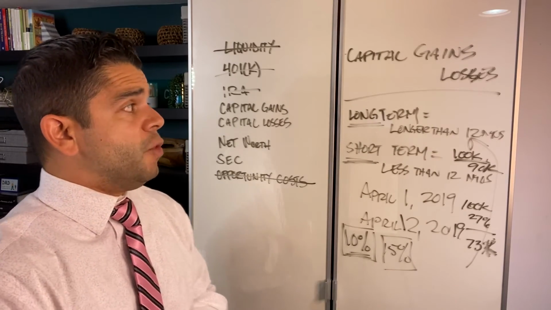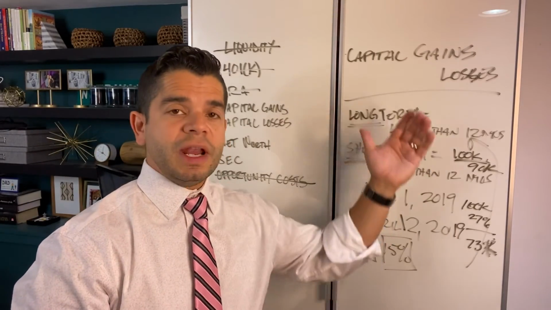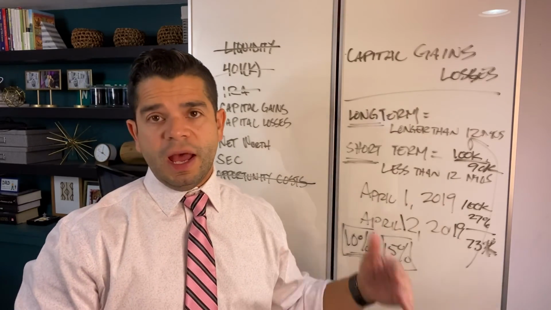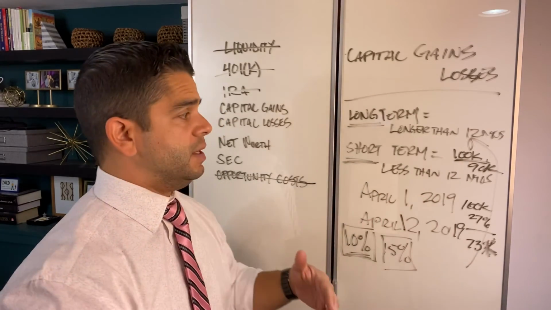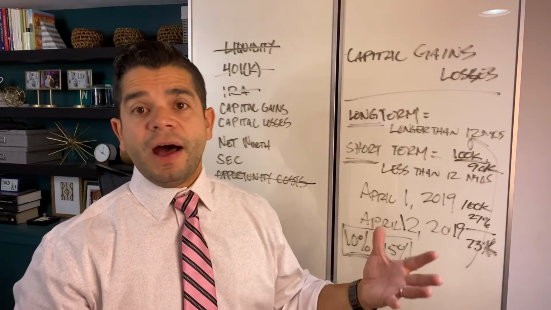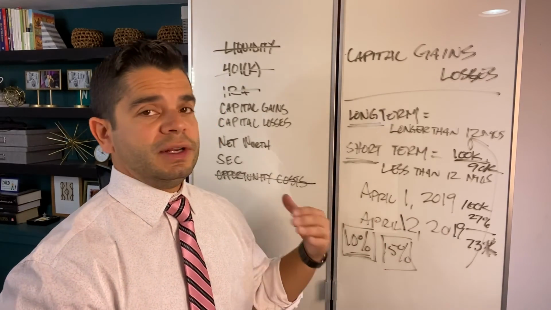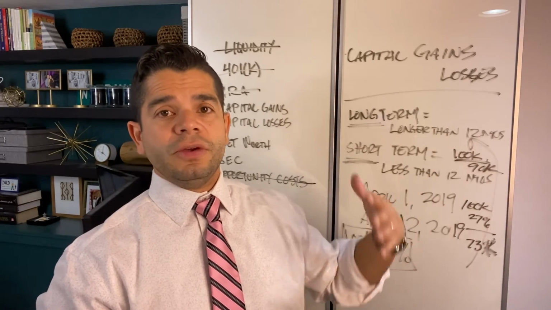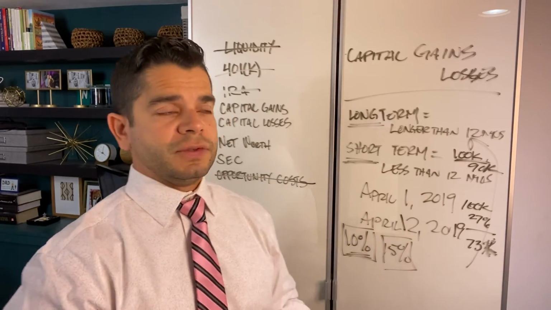Now, the same way that you have capital gains, you can have capital losses. So if in this year you lost money through your assets, and you lost, let's say, $10,000, that was last year, you lost $10,000, and this year you made $15,000.